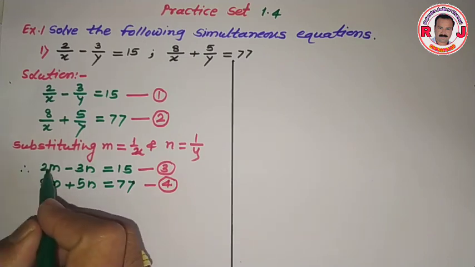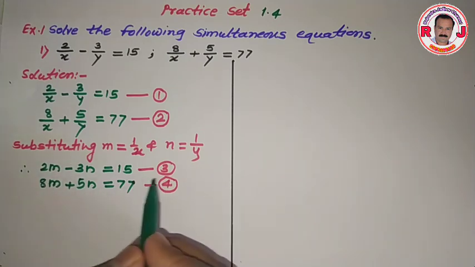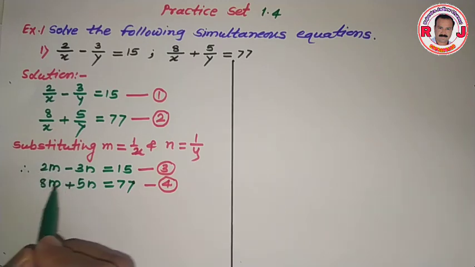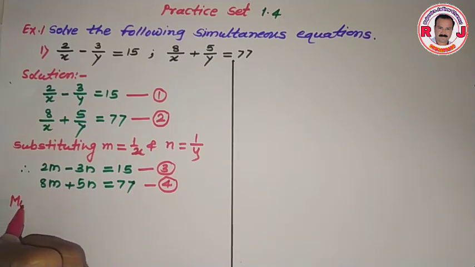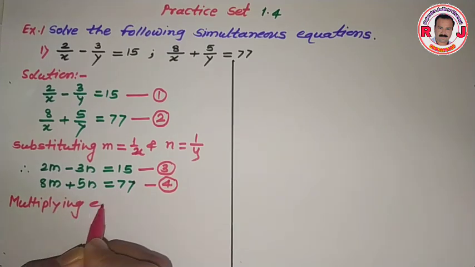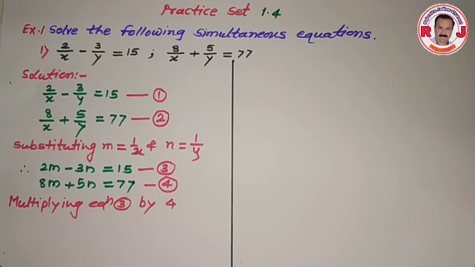Here to equalize the coefficient of m variable, multiply equation 3 by 4. या ठिकाणी समीकरण 3 ला जर 4 ने गुणलं तर m चलाचे सहगुणक समान होतात. म्हणून multiplying equation 3 by 4. हे समीकरण 3 ला आपल्याला 4 ने गुणावं लागेल. आता 4 ने गुणल्यानंतर इथं काय होईल?